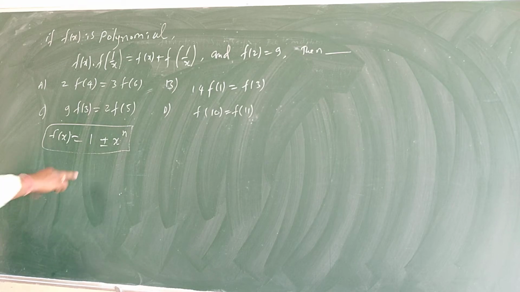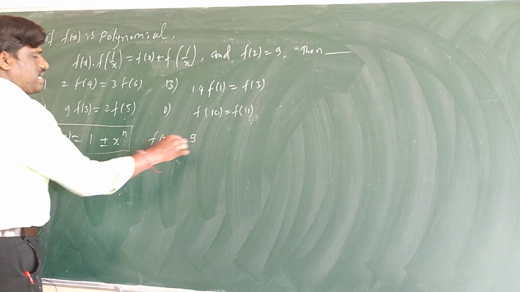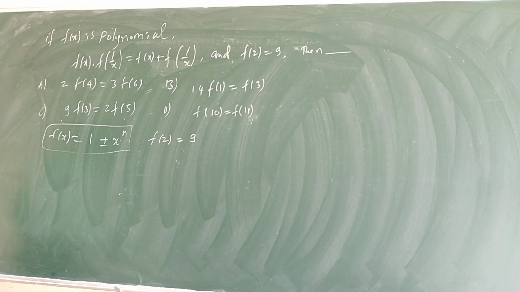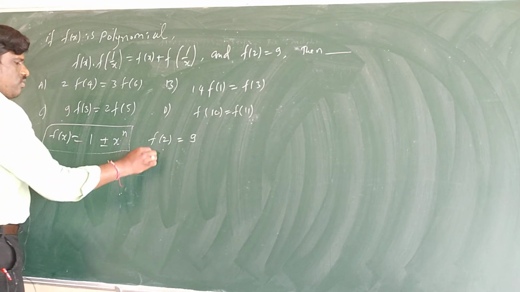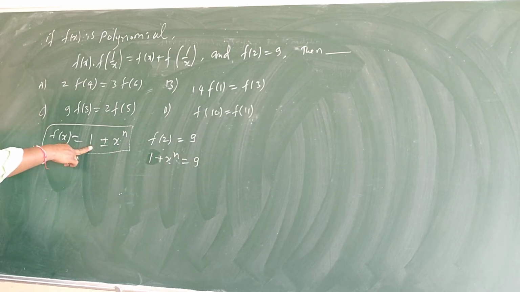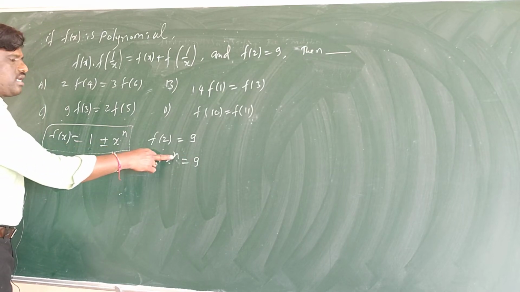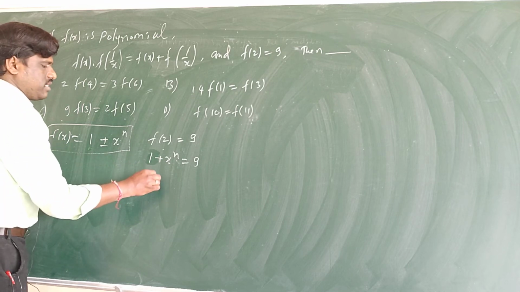Right. See here, f(2) is equal to how much they gave? 9. Right? f(2) is 9. So what do I get here? We can write 1 + 2^n = 9. And what must n be? 3. Right? n must be 3.